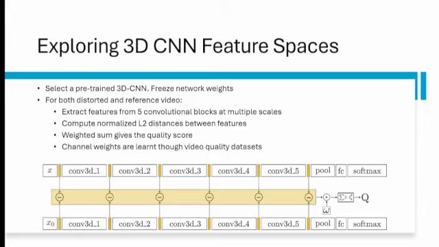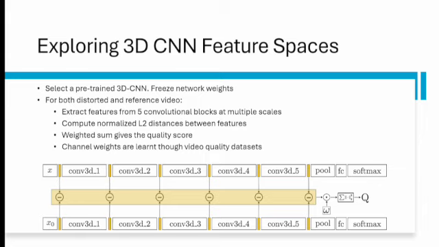So what we do is we take some 3D CNN, we can train it on some classification task. It could be action recognition or video classification, and then we freeze the weights. We do not change the weights at all. These weights do not see video quality data sets.